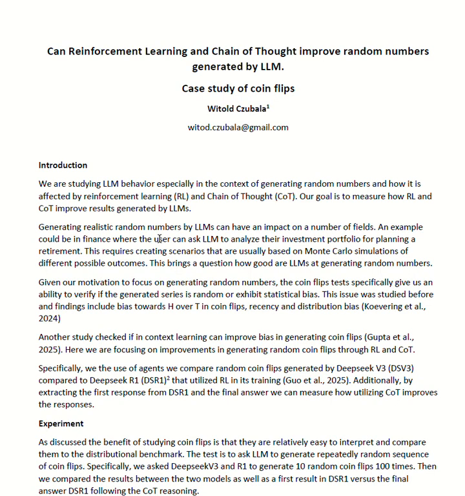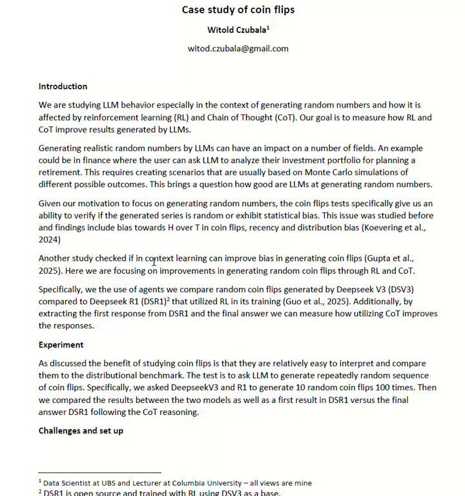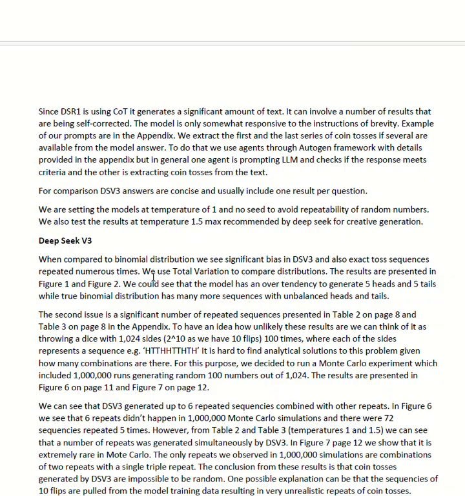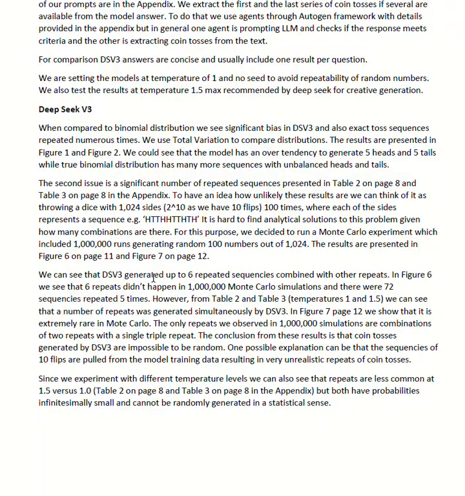This area of random numbers and LLMs was definitely studied before, but what I think is unique here, I compare a traditional model like DeepSeek v3, which is a base for DeepSeek R1, which is chain of thought with reinforcement learning, and see if we can see differences between random numbers quality coming from these models that are related, but they have different training approaches.